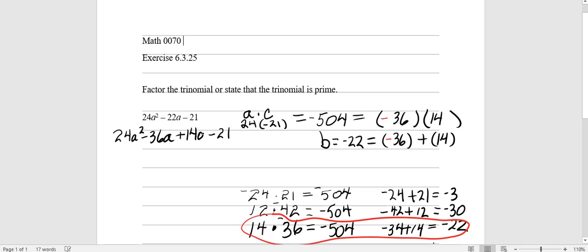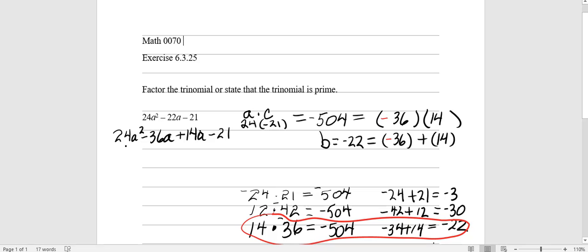If one of your integers is negative and the other positive, I always recommend putting the negative first, because then you don't have the sign error that people often make. It really doesn't matter what order you write these two in. I could have written plus 14a minus 36a, but most people avoid the common error by putting the negative one first.